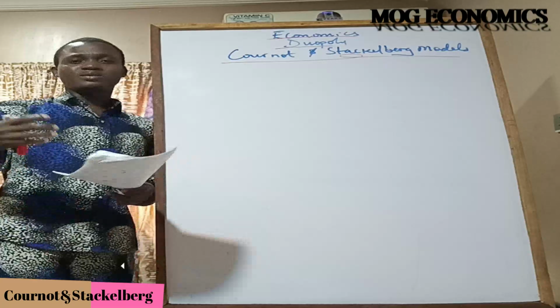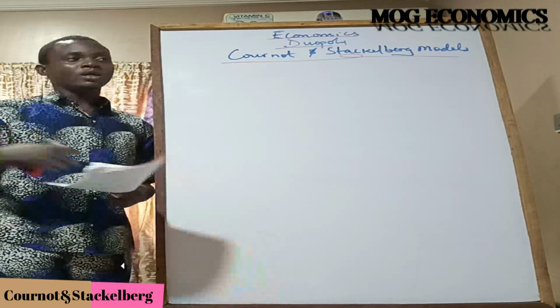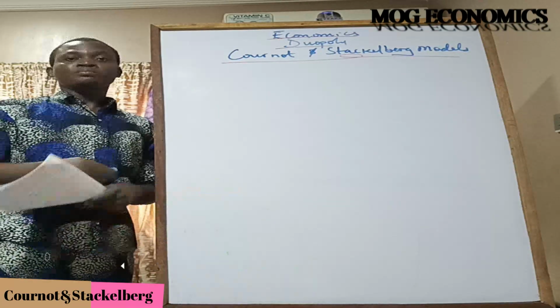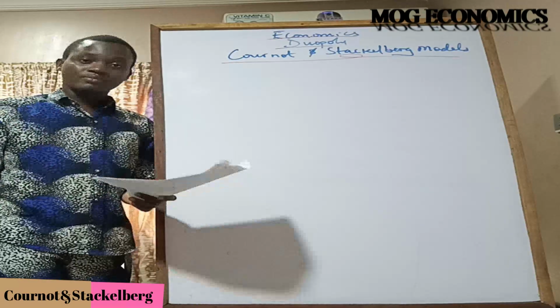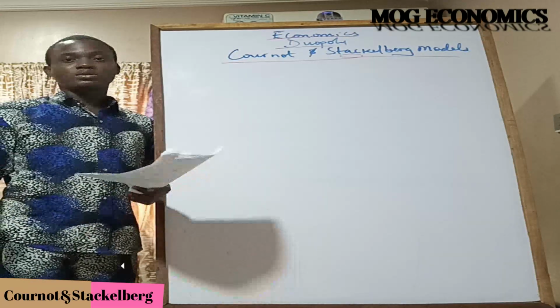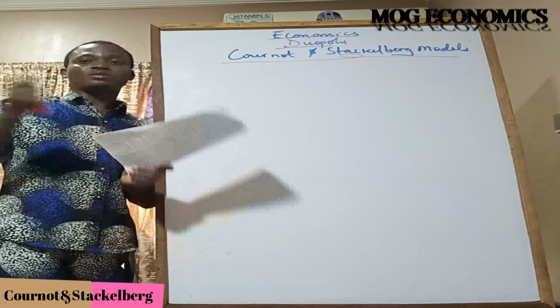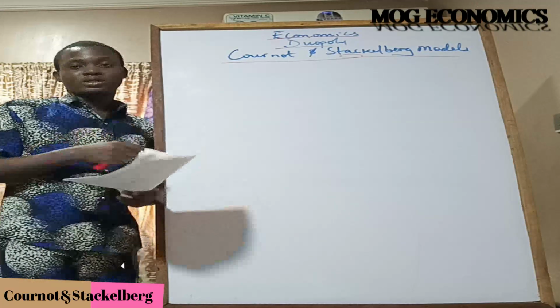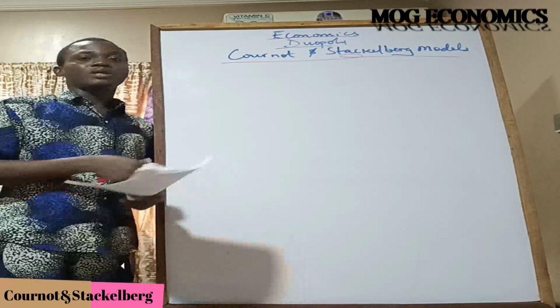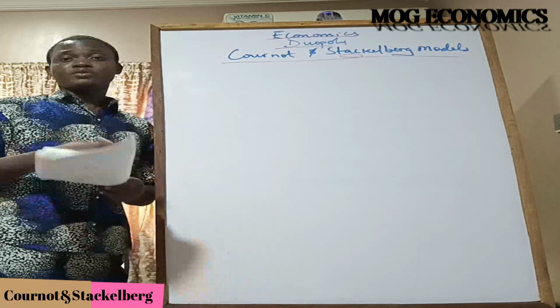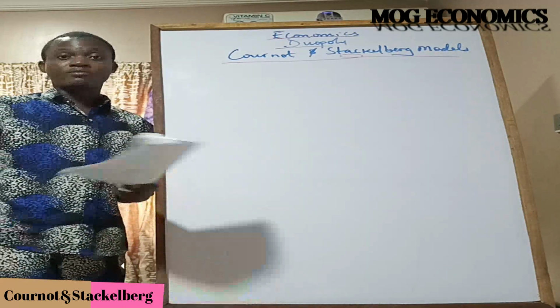It's not as if one has to decide first and the other decides later. Both companies individually choose the output they will produce, and after that, the price of the goods in the industry is determined, and from there we can solve for the profits of the companies involved.